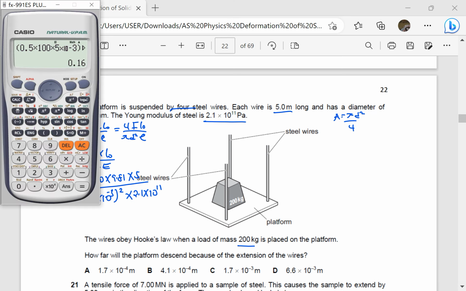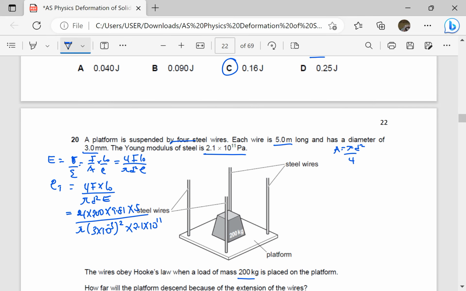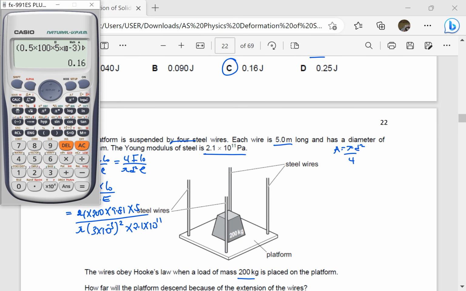So we shall check our calculator. So we have 4 times 200, then times 9.81 times 5, divide by, open brackets, pi times 3 exponent negative 3, which is squared, times 2.1 exponent 11.